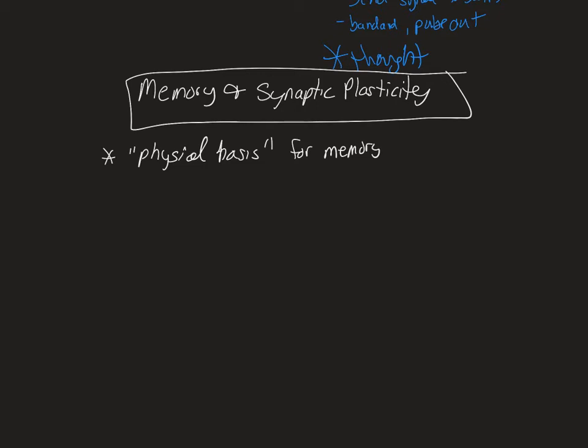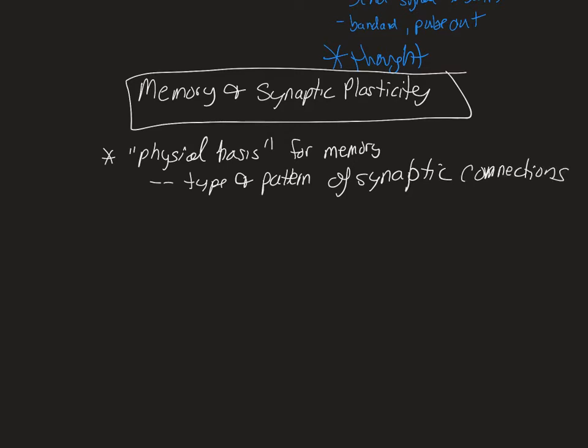And the physical basis, the thing that we look at, is the type and pattern of synaptic connections between neurons. So memory is all about which neurons are connecting and talking, okay? How are they modified to either get rid of them or to make transmission easier?